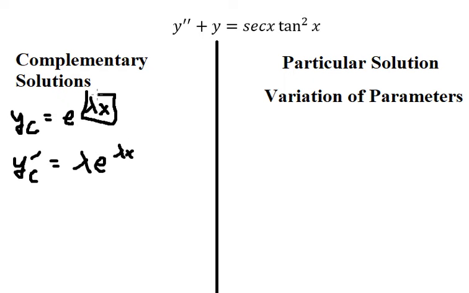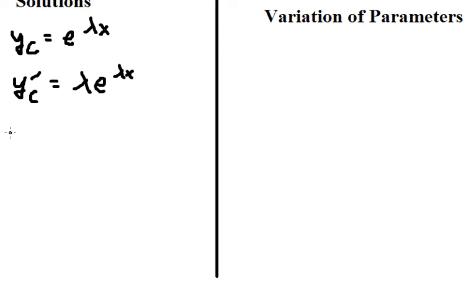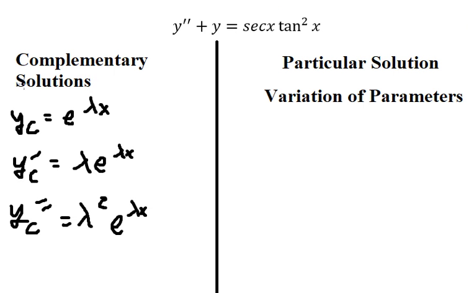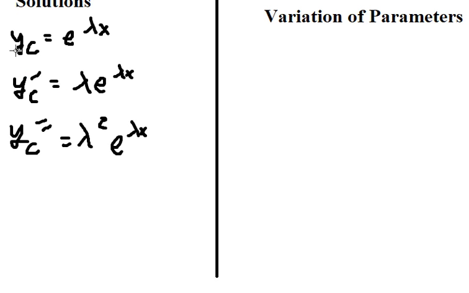Then we take the derivative of lambda s, and you get lambda. Now we go to the second derivative of yc, and we have lambda squared e to the power of lambda s. Because this is the complementary solution, I need to put this equal to 0.